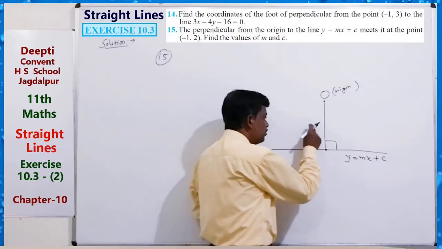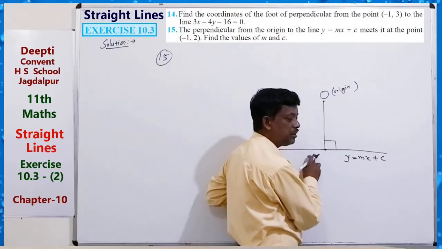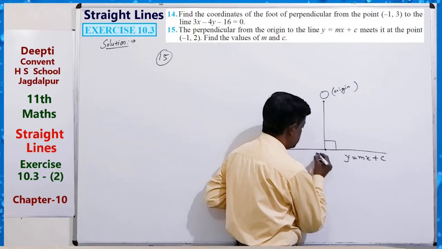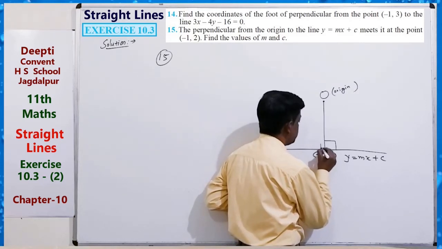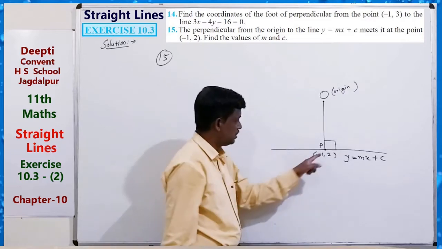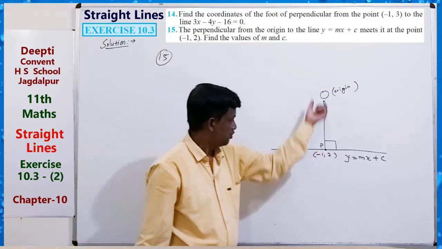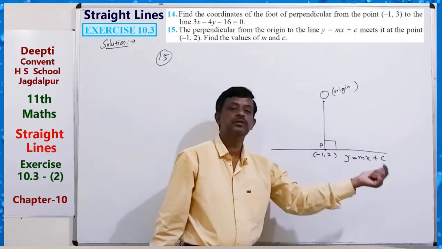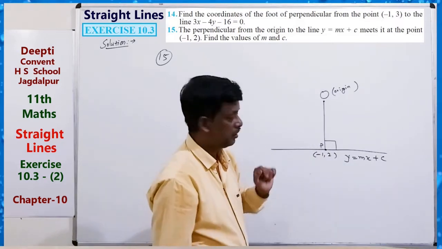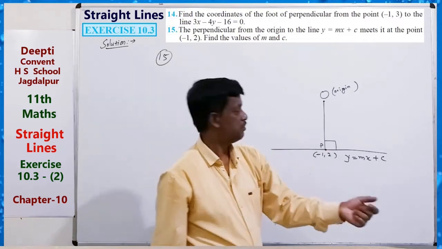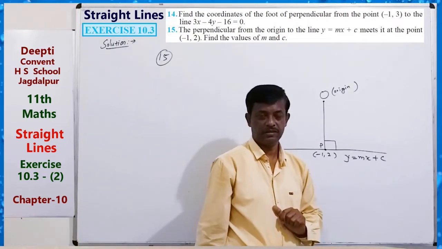And this perpendicular meets this line at the point minus 1, 2. And we have to find the value of m and c.